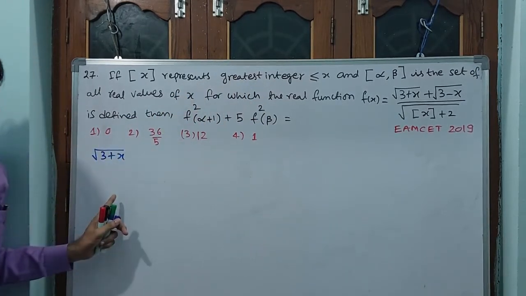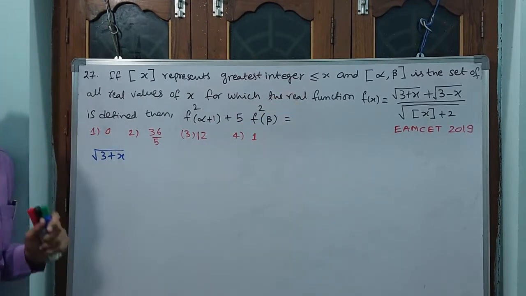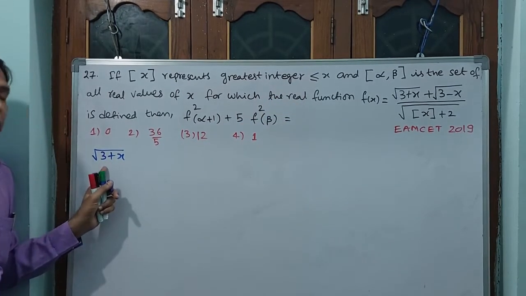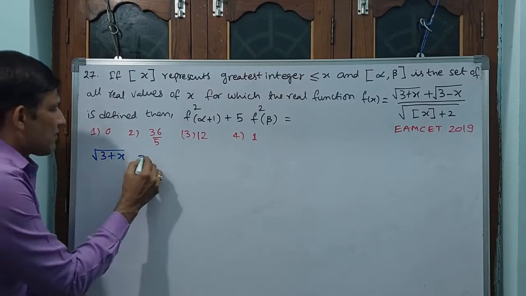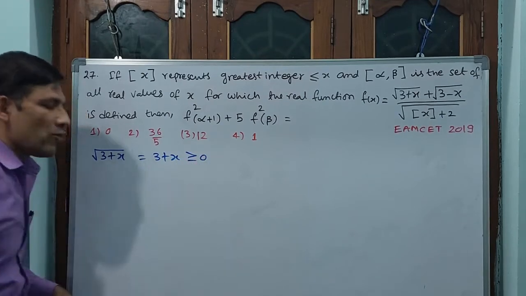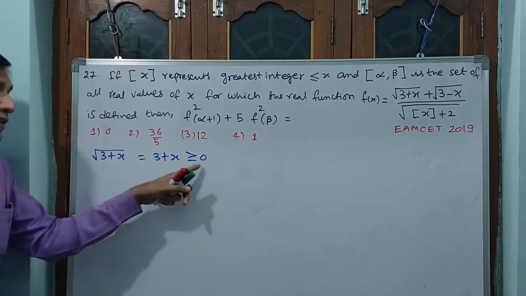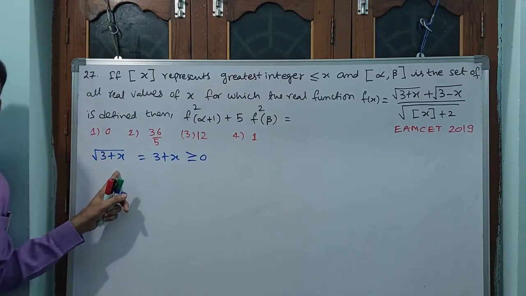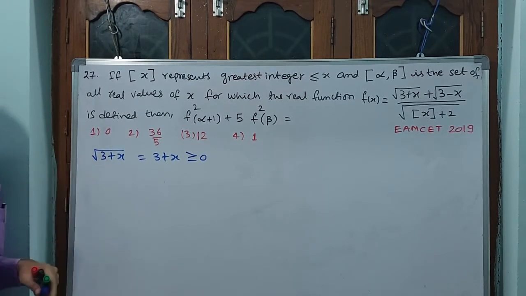For this function to be defined, everything should be defined. Root of 3 plus x also should be defined. To define root of 3 plus x, 3 plus x should be greater than or equal to 0. If it is less than 0, it becomes a negative number, and a negative number doesn't have a real square root.